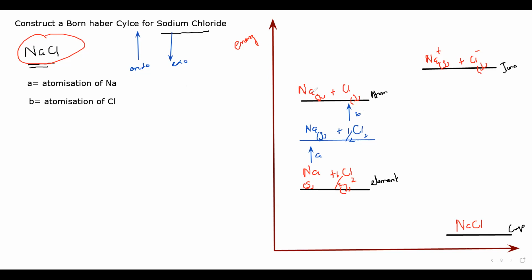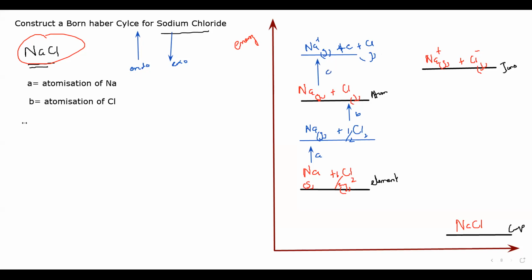Then sodium and chlorine are already in gas form, so we have to remove an electron from sodium, and that electron should be added to chlorine. When the electron is removed from sodium, it forms a sodium ion in a gaseous state, and chlorine is still an atom. When an electron is removed from the atom, what do we call that change?